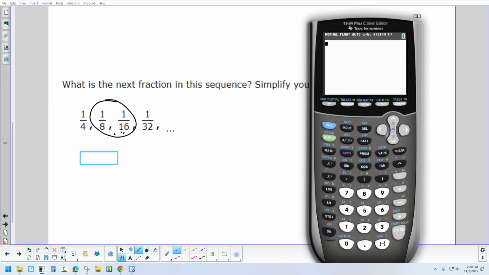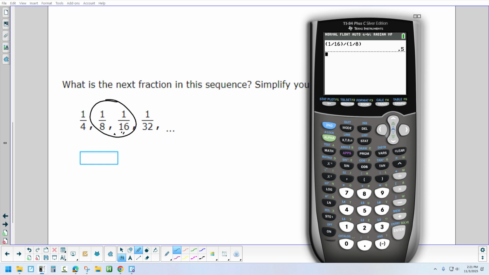So take like 1/16 and then divide that by 1/8. That's how you figure out what you're multiplying by each time. Take a term and divide by the one that comes before it. Doesn't matter which two you pick, but just take a term and the one right before it.